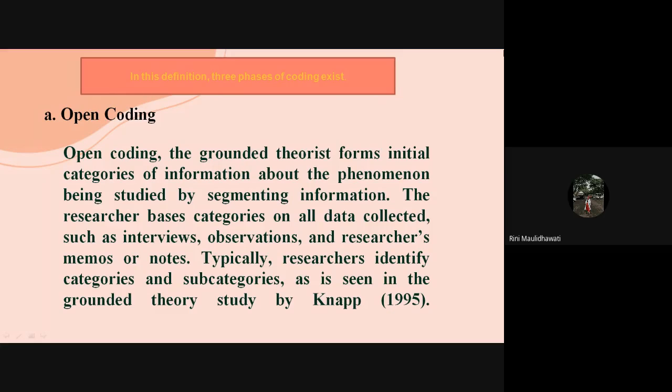The researcher bases the categories on all data collected, such as interviews, observations, and researchers' memos or notes. Typically, researchers identify categories and subcategories, as is seen in the grounded theory study by Knapp in 1995.